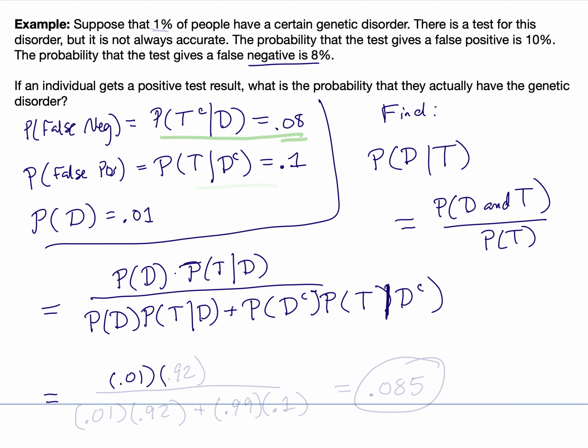So this is the complement of the event we're interested in, and so this is 0.92. So 0.01 times 0.92, plus the probability they do not have the disorder, 0.99, because the probability of having the disorder is 0.01, so it's the complement of that event, times the probability that they get a positive test result despite not having the disorder, which is 0.1 up here.